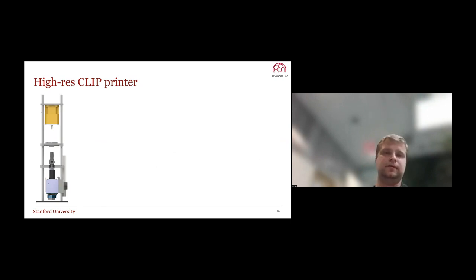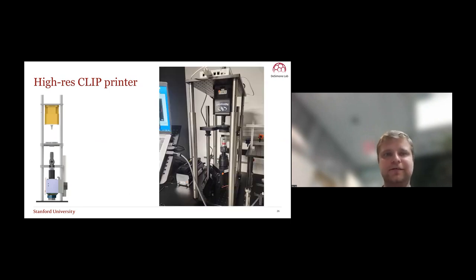So let's talk about the high resolution aspect, because that's what I'm working on. On the left here, you see a diagram of a high resolution 3D printer, and on the right is a picture of the printer that I built. On top, you have a Z stage, a vertical stage that moves with submicron precision. On there, we have attached a build platform.